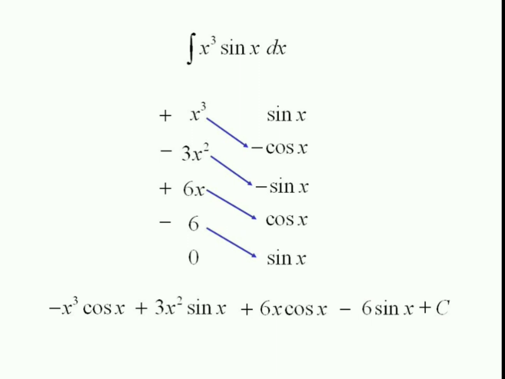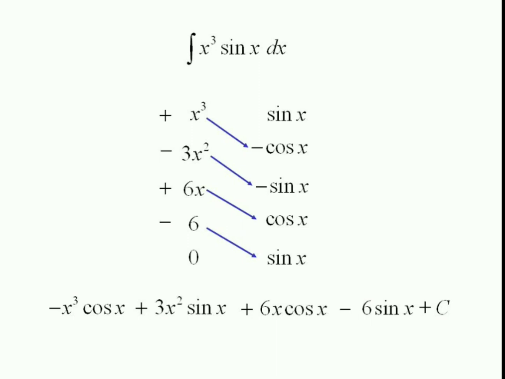The third row is positive, the derivative of 3x squared is 6x, and the integral of negative cos x is negative sine x.